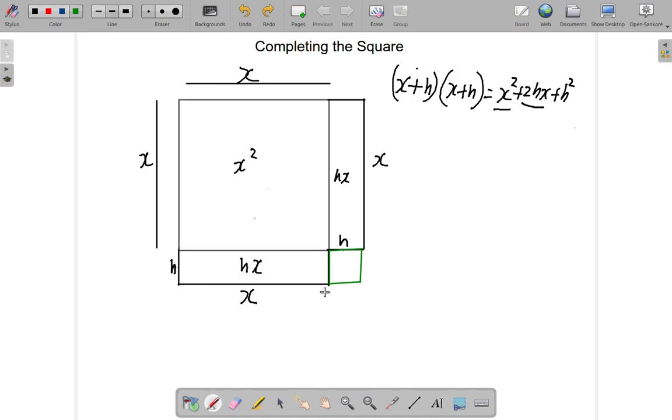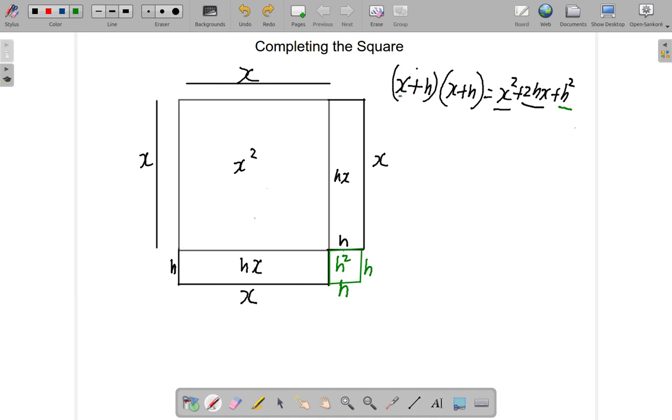This width is h, so this width is also h. This height is h, so this height is also h. So what's the area of my square here? It is h by h, which is h squared. So this h squared is what I would have added here to make a perfect square, or to complete the square. So my square is now completed.